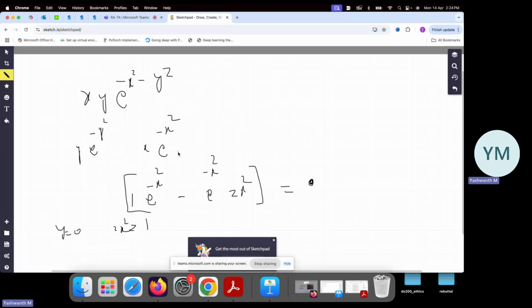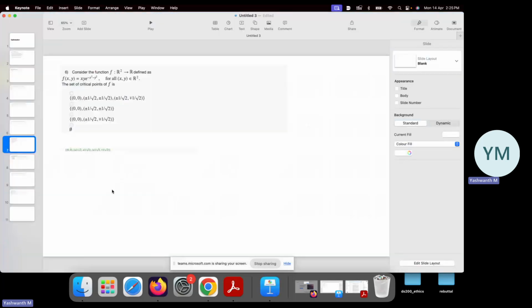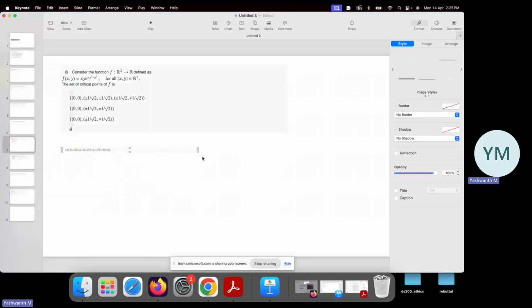The function is symmetric in x and y, so we have that as well. So yeah, that's why we have these as the stationary points.